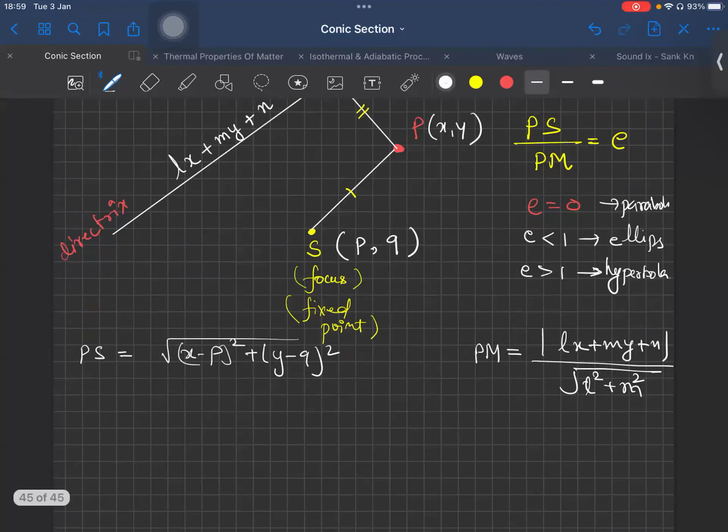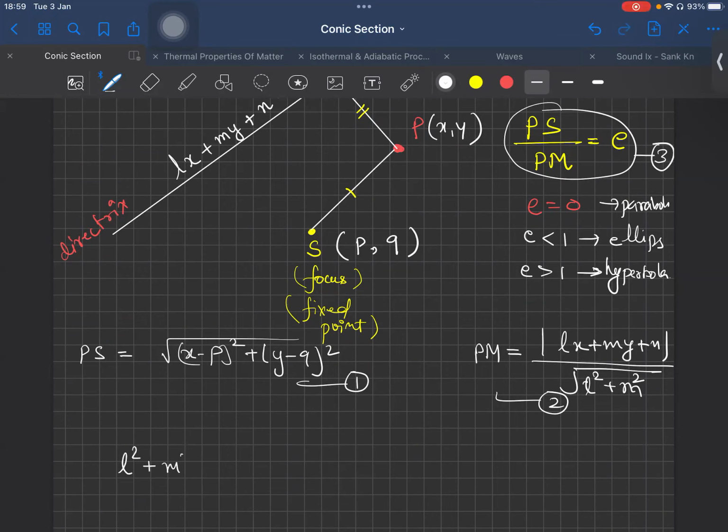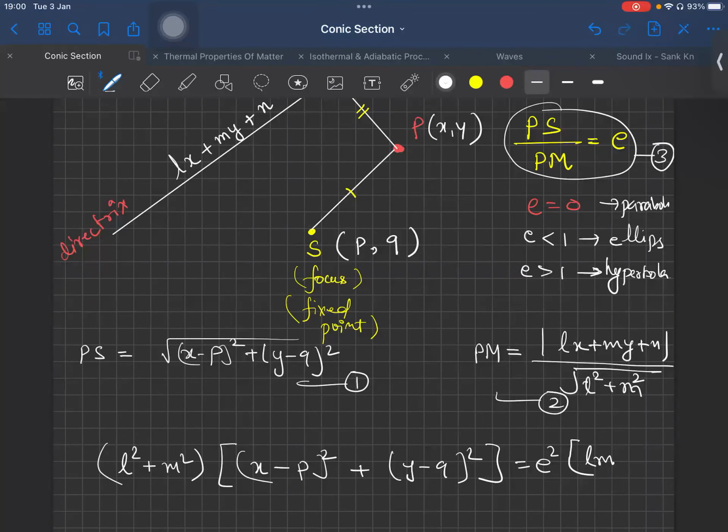Now we know that PS upon PM is equal to e, right? So if you take the ratio of 1 and 2, it will be equal to 3, right? So from here we can write (L square plus m square) into (x minus p) whole square plus (y minus q) whole square is equal to e square (Lx plus my plus n) whole square.